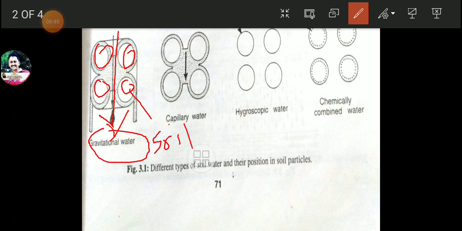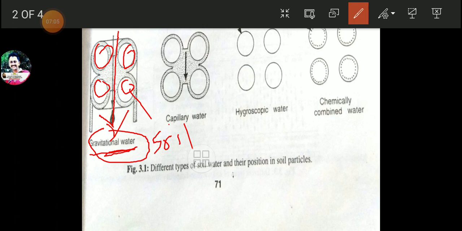Such a type of water which goes deep into the soil due to gravitation is called gravitational water. So, the first soil water type, did you understand?